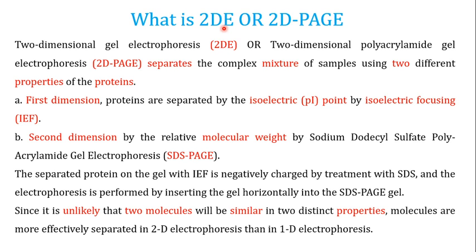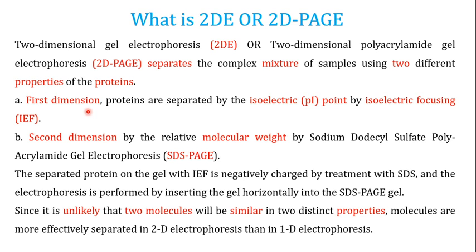The other reason you can call it two-dimensional is that, as you will see in a while, the first dimension, when you are separating the proteins based on isoelectric focusing, you are actually separating them in a horizontal manner. The strip that you are using is placed on a horizontal surface, and the proteins get separated from each other in a horizontal dimension.